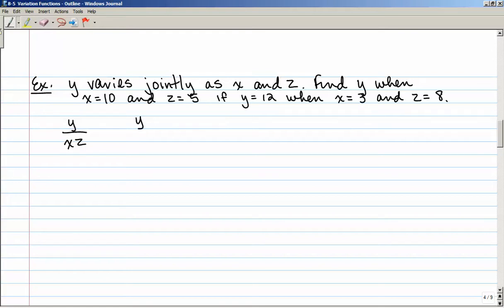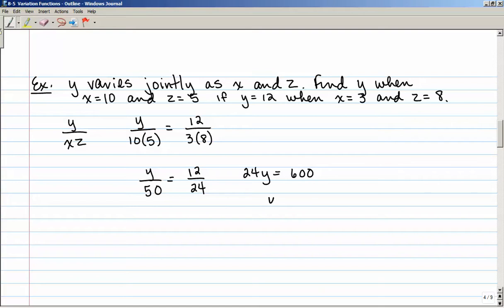So I need to find y when x is 10 and z is 5, and I know that y is 12 when x is 3 and z is 8. Simplifying that, y over 50 equals 12 over 24. Cross multiplying, 24y equals 50 times 12, which is 600, and dividing by 24, y is equal to 25.